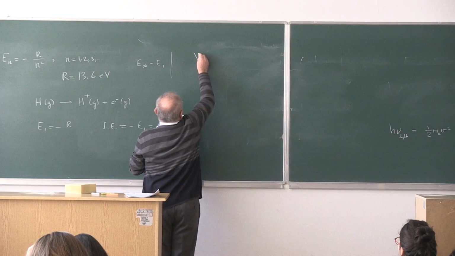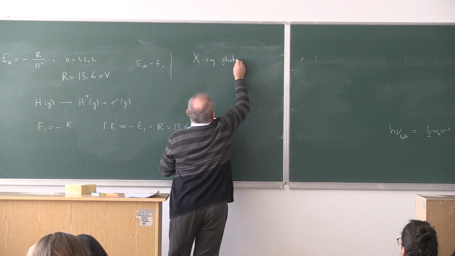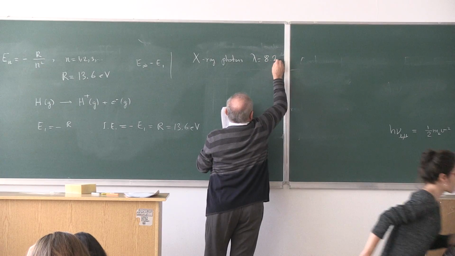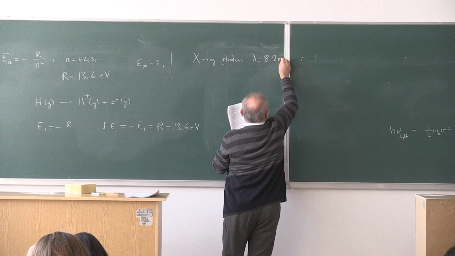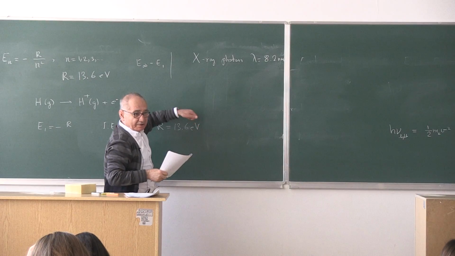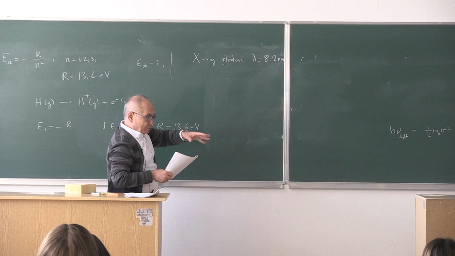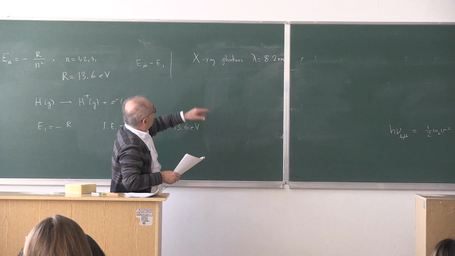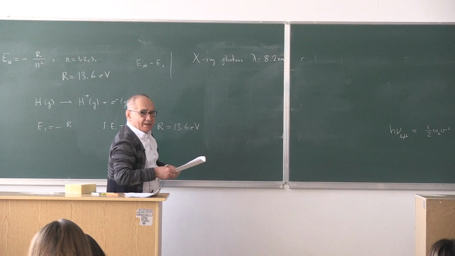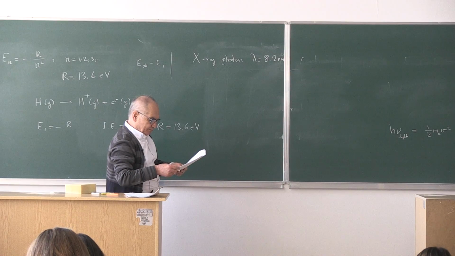If an X-ray photon with wavelength 8.2 nanometers, if in this experiment the light which is used to shine on the sample is an X-ray with this lambda value, then what will happen?